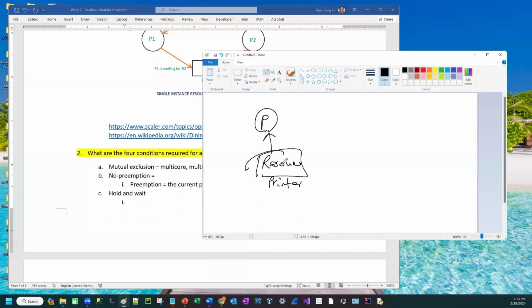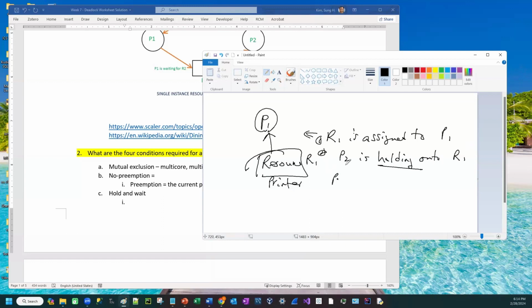If the printer is assigned to process 1, we'll just call this R1, then what this means is resource 1 is assigned to P1. And when that happens, P1 is holding onto resource 1.